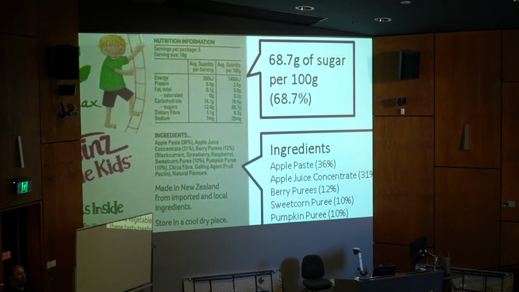So you take out all the water. You then put in apple juice concentrate, which is again, you take out most of the water. Berry puree does the same thing, sweet corn, fruit and pumpkin puree. Essentially you take out a lot, and sometimes they take out the dietary fibre, which is the healthy part of the fruit and the veg.